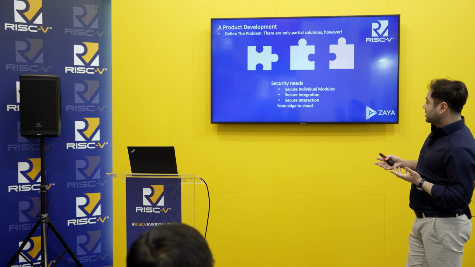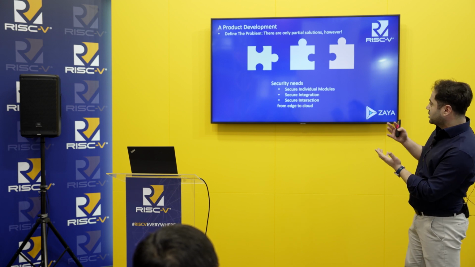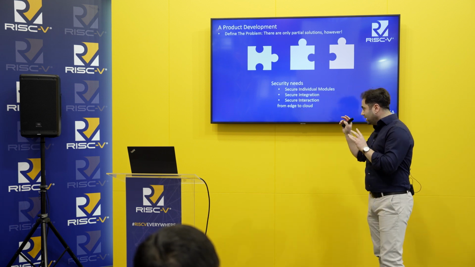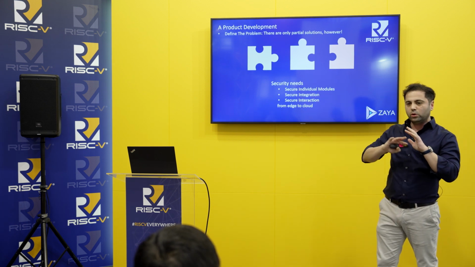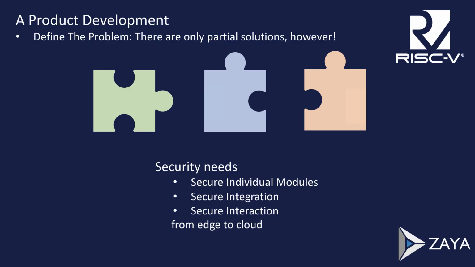Also, the integration must be secure, and the interaction between the modules, and it must be done for the whole edge to cloud. Otherwise, any weakest link can leave a problem or a backdoor for attackers.